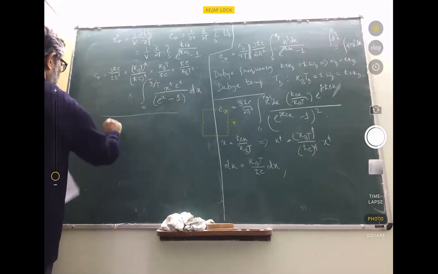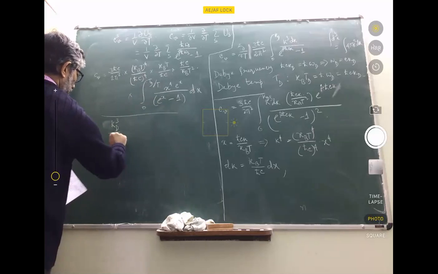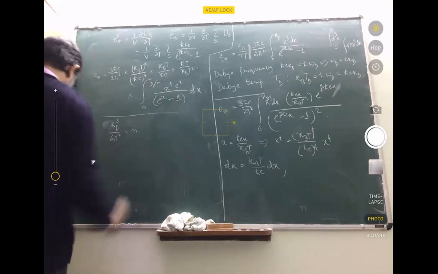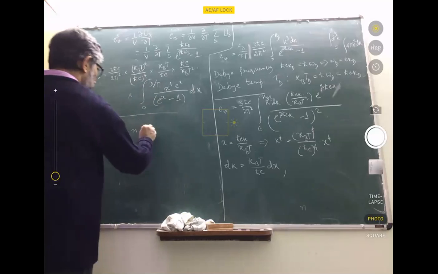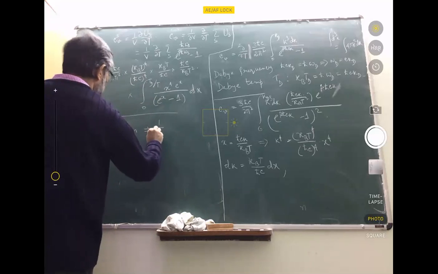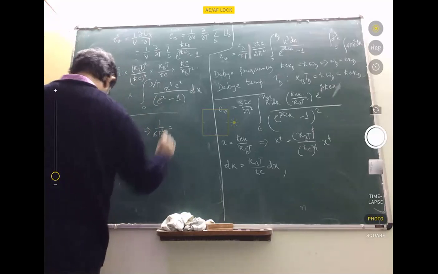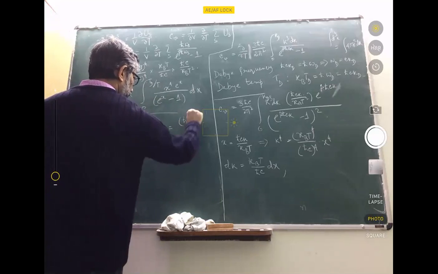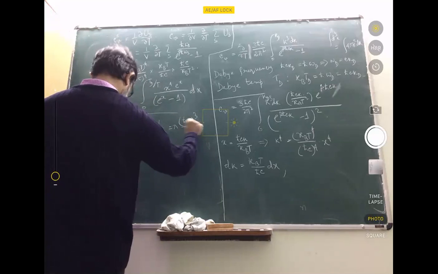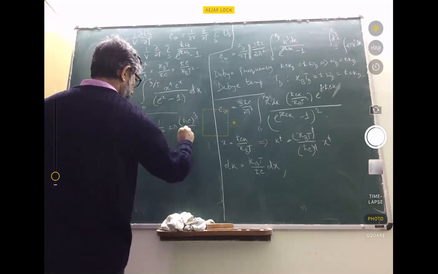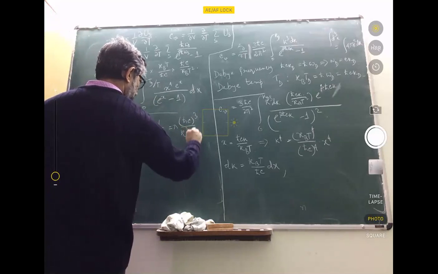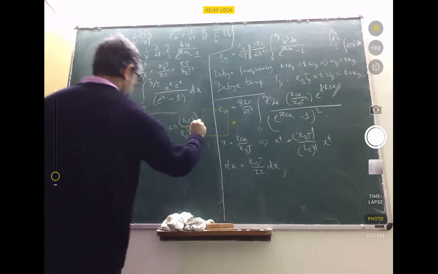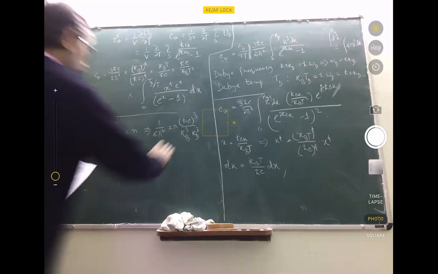So from here, you can write 1 over 6 pi squared in terms of... sorry, no.